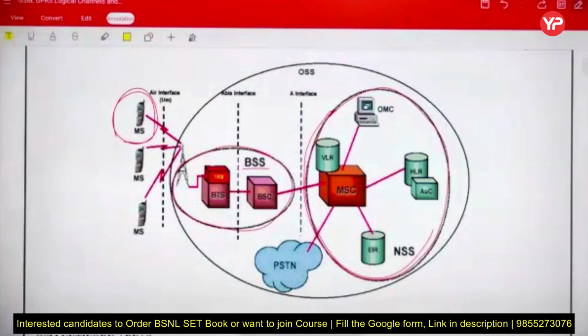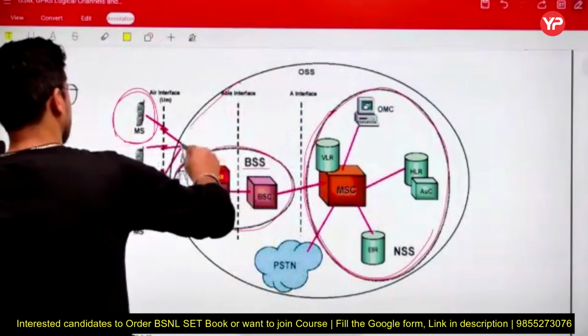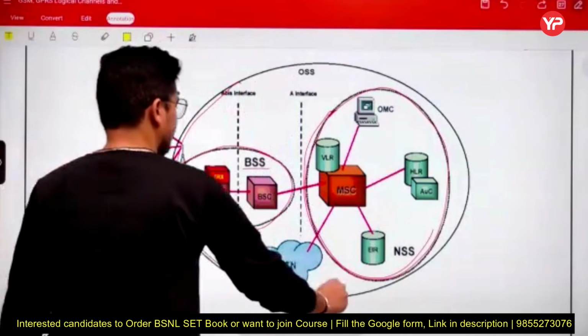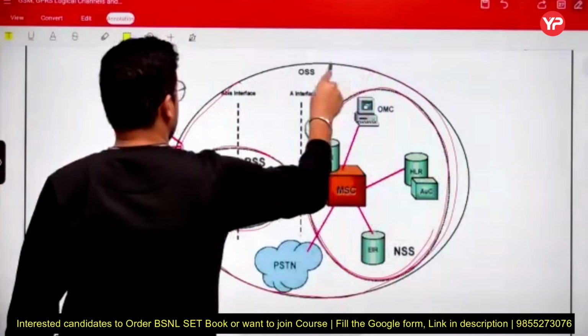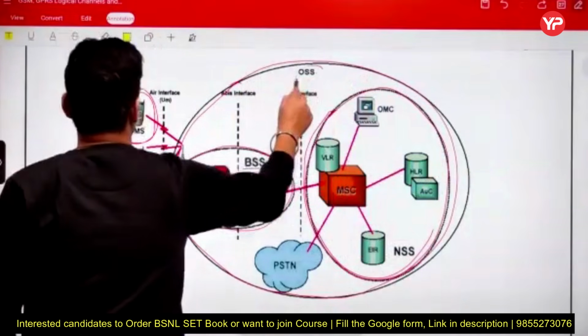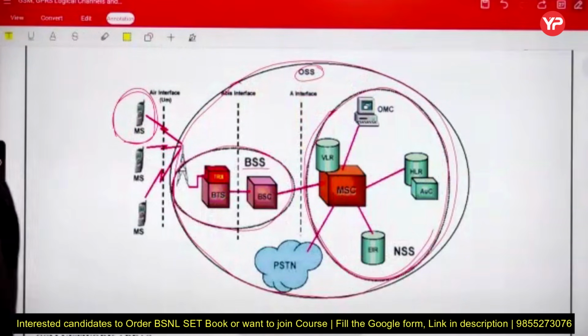And all of this combined together, like this, is called OSS. OSS means operational support subsystem. So this is the architecture of your GSM network.